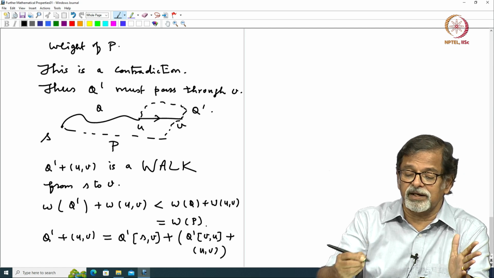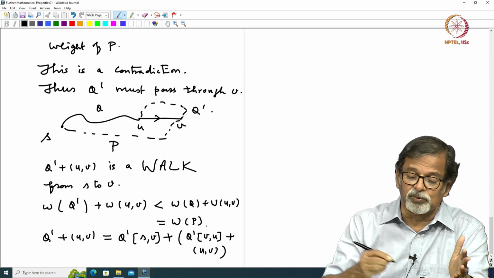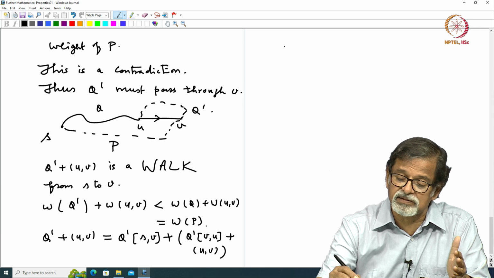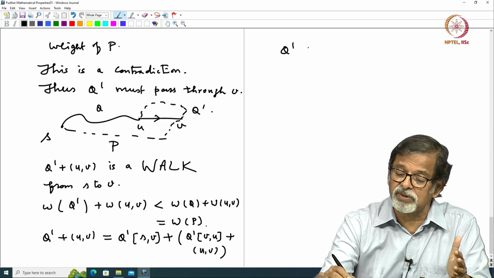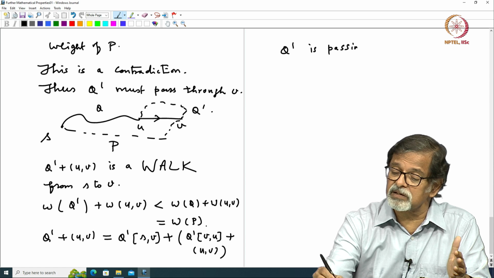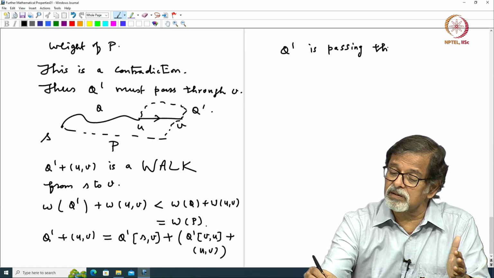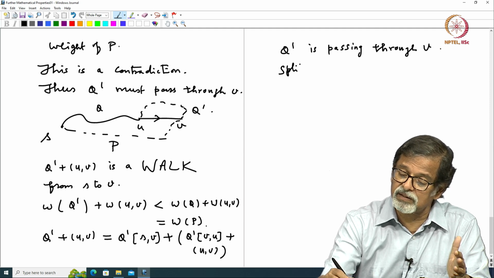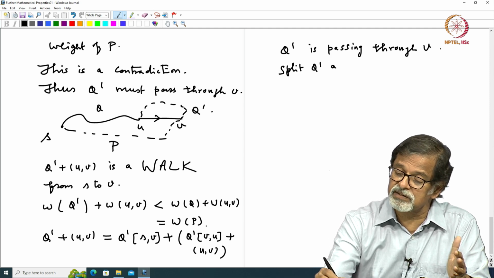Q dash I write in two parts, it is passing through v. Okay. Let us write this. Q dash is passing through v, split q dash at v.